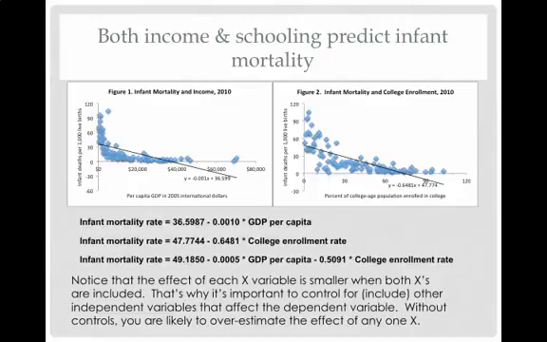And then when I look at college enrollment, some of this is picking up the effect of income, because in places that have more income, there tends to be more college enrollment, but not exactly, right? And so when I separate them out, I'm able to get how they affect what's really going on with both of them being controlled. And so this one doesn't go down as much, but still it's a smaller estimate.